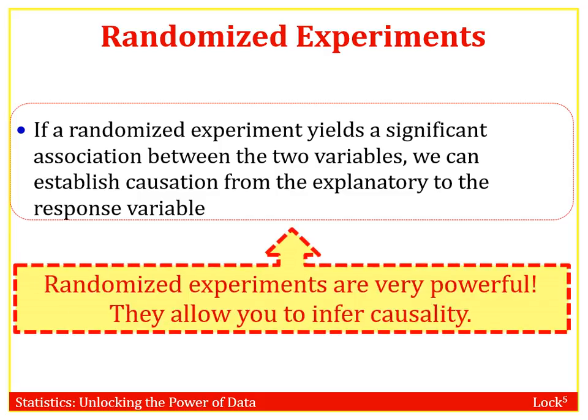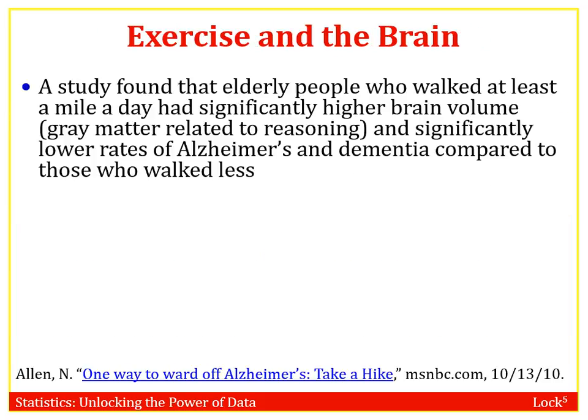So randomized experiments are a very powerful way to try to get causation proven, that one thing causes the other. So let's go back to that brain and exercise study.